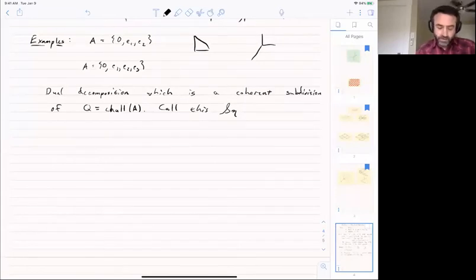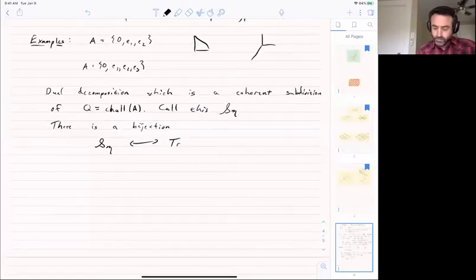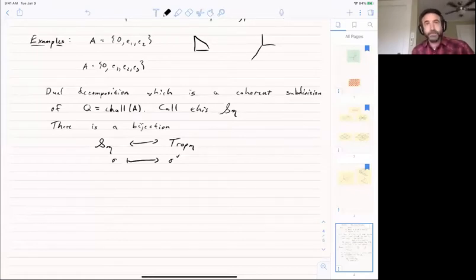It's a dual decomposition, so there's a bijection between the strata of polytopes, so polyhedra, theta, to this, inclusion reversing. And then, if I have a polytope here, I'll write its corresponding polyhedra as sigma check.